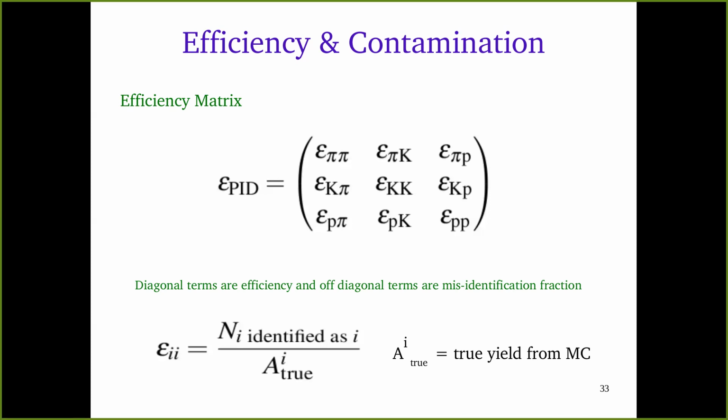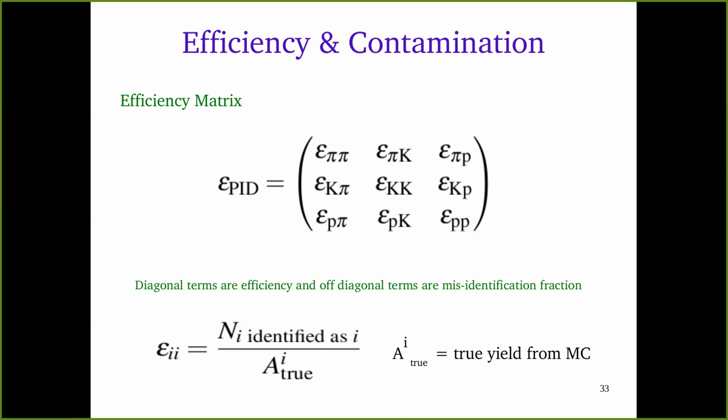Now for PID, it is a bit complicated, because along with efficiency, there is also another factor that is called the contamination. So you see, this is a very common way of representing the PID efficiency. You have a three-dimensional matrix, and the diagonal components are the efficiencies of the particle, that is, the efficiencies of pi, kk, and pp, and the off diagonals are what we call the misidentification fraction.